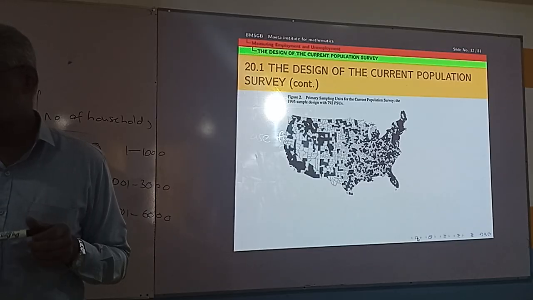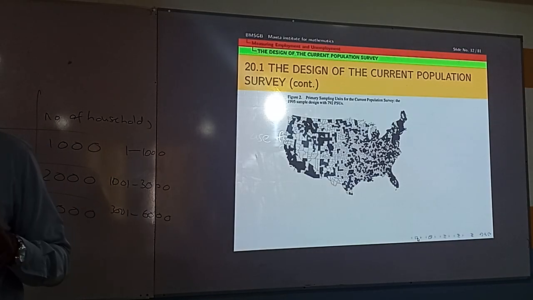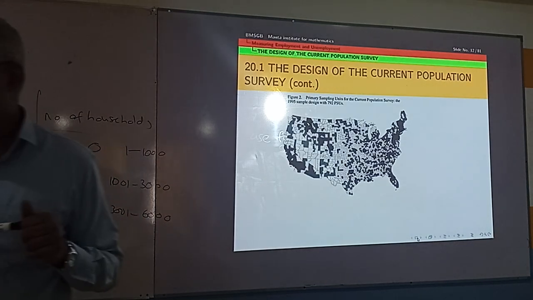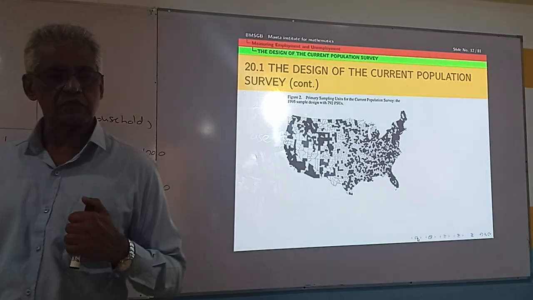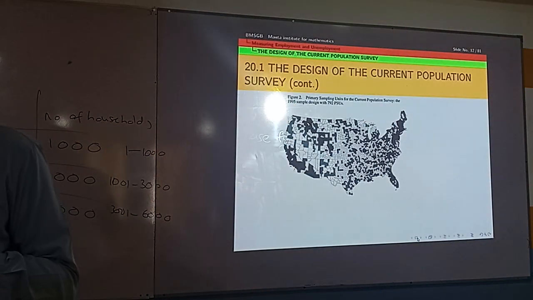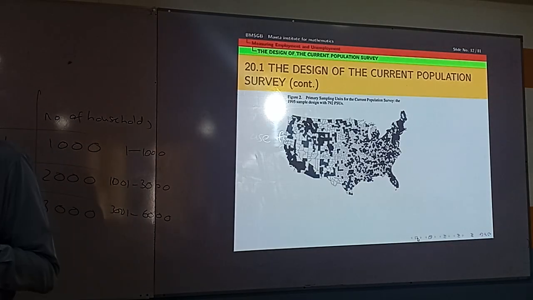This shows the PSUs. In this case, 792 PSUs were selected. This is the 1995 survey. In this situation, what we are talking about, 824, may be similar to that. So from the whole country, certain PSUs were selected first, like that.